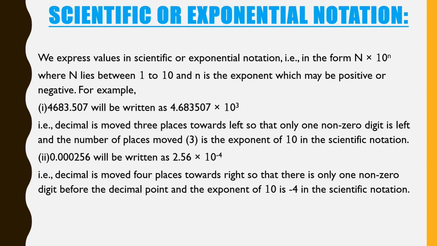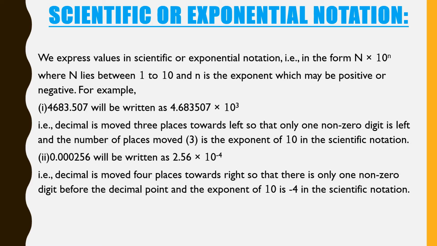So we express such values in scientific or exponential notation, that is in the form of N into 10 to the power n, where capital N lies between 1 and 10 and small n is the exponent, which may be positive or negative. Let us take some examples.